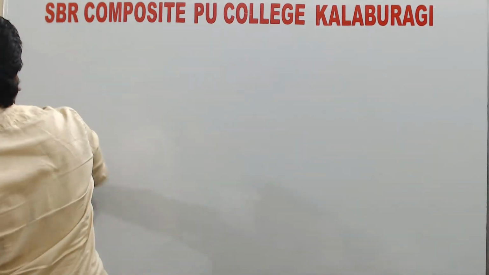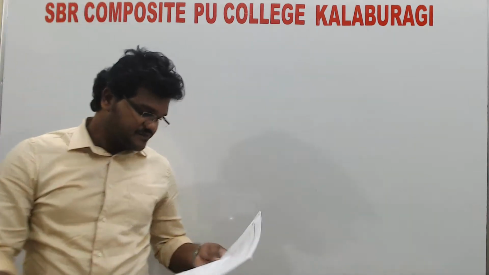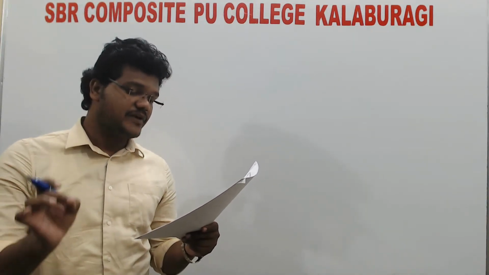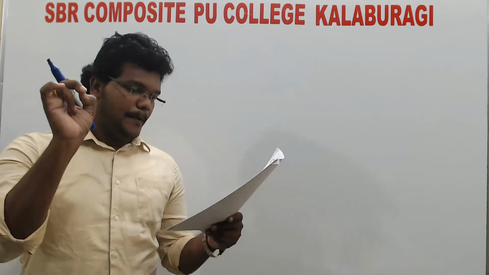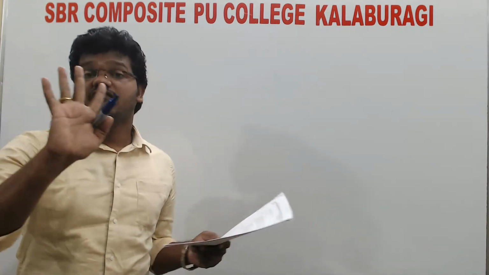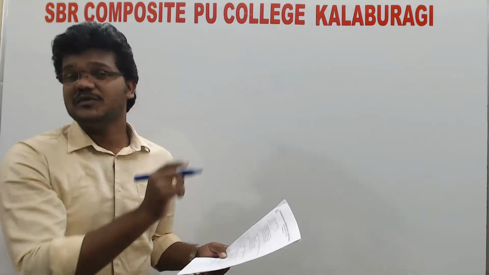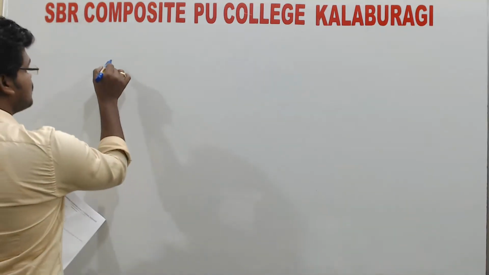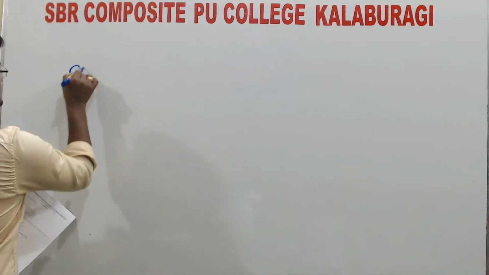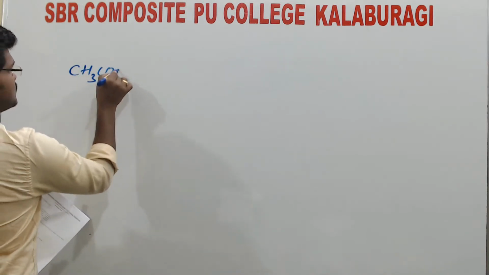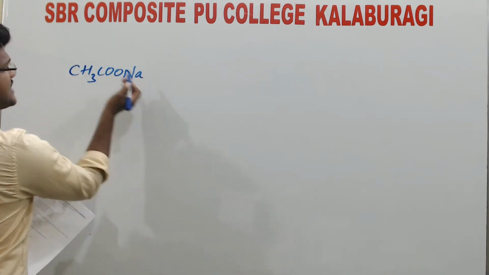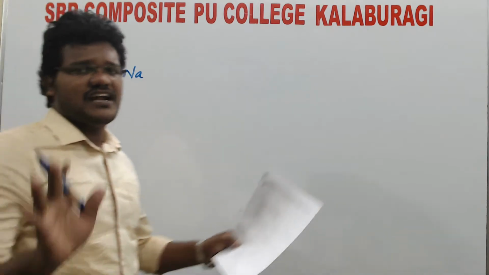Let us go for the fifth one. Fifth question: sodium acetate can be converted to ethane. They have given 4 options. Sodium acetate is nothing but CH3COONa, the sodium salt of carboxylic acid, the sodium salt of acetic acid.